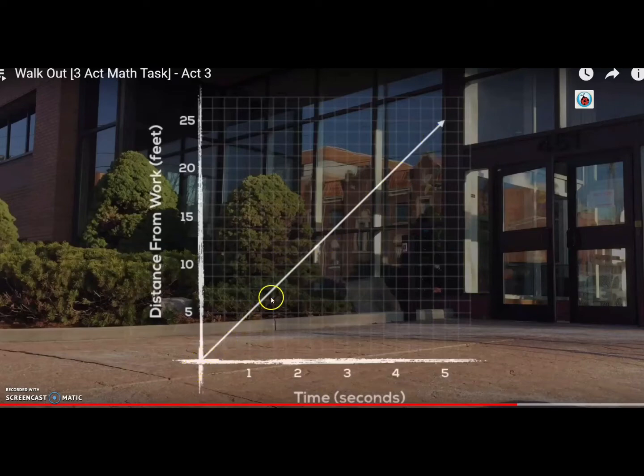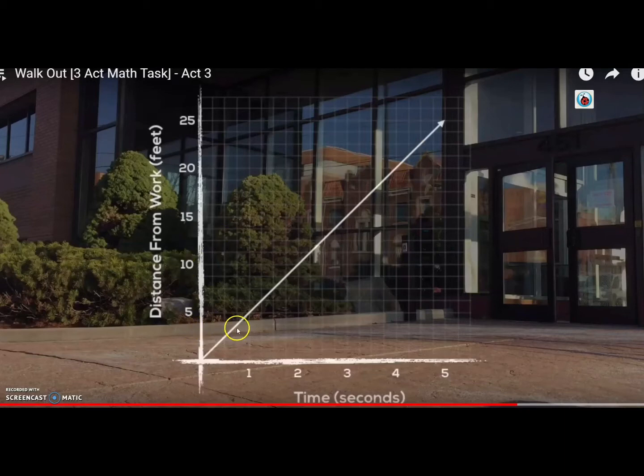We call this a linear graph. When you see a graph that produces this straight line, that means that the rate that the object was moving was constant. At any point, we could take the ordered pair and we should be able to use those numbers, solve for speed, and get the same answer at any point on this line.